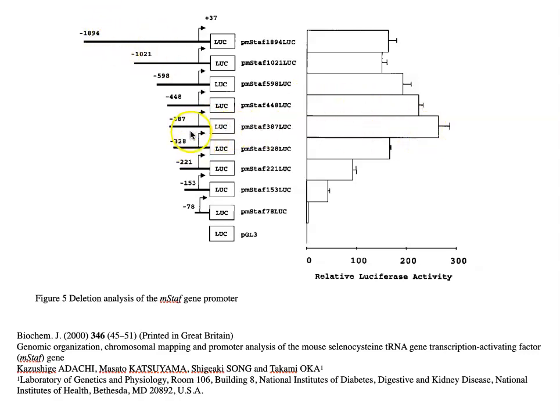And when we cut about 60 of those bases, suddenly we get about a 40% decrease in the expression of luciferase. If we cut another 100, we get half of that previous, a 60% decrease.